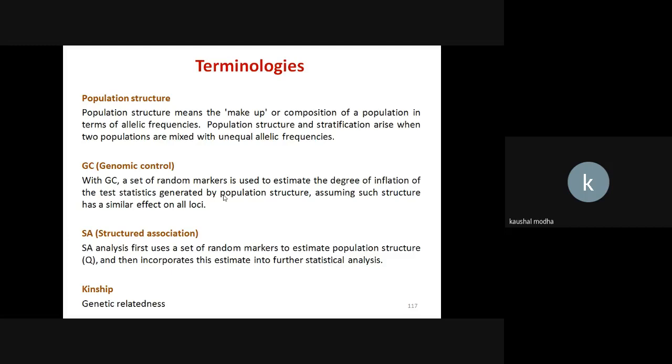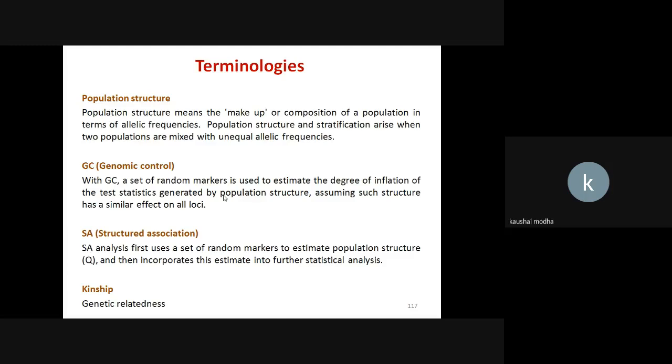You just choose random markers and perform association mapping. So you will be able to know the inflation, that is the bias caused by this kind of population structure in your analysis. You can measure that inflation. Structured association is another method by which we deal with population structure.